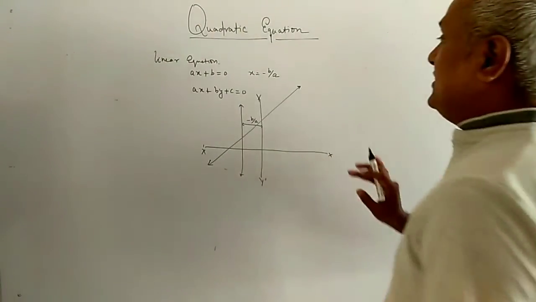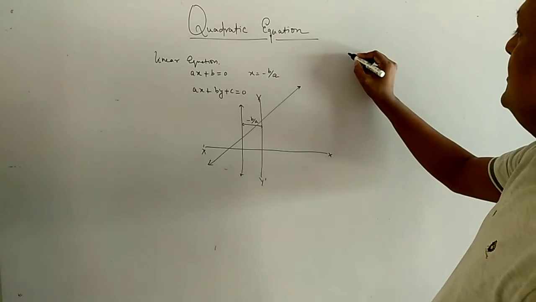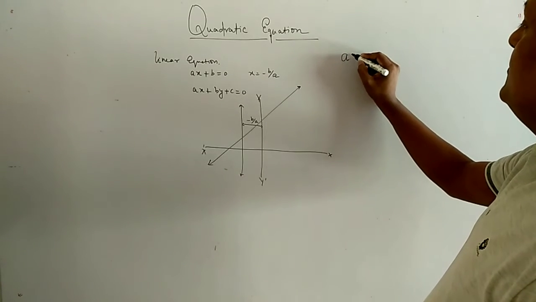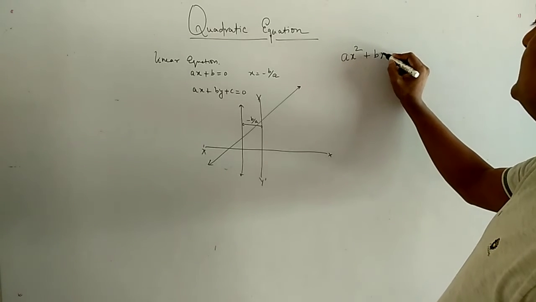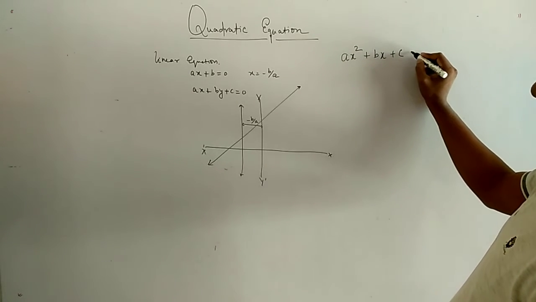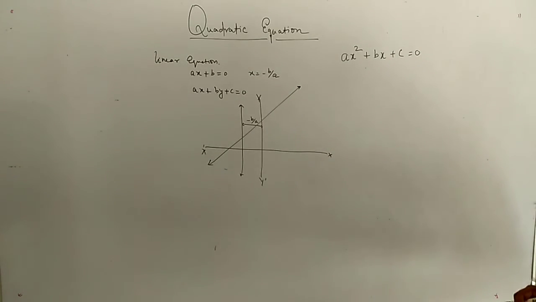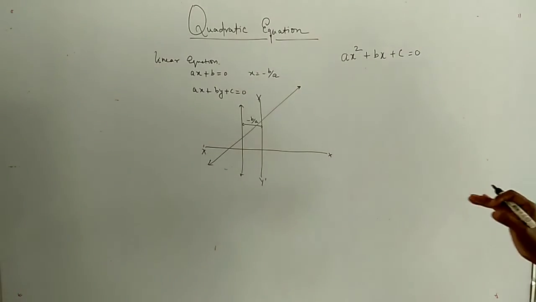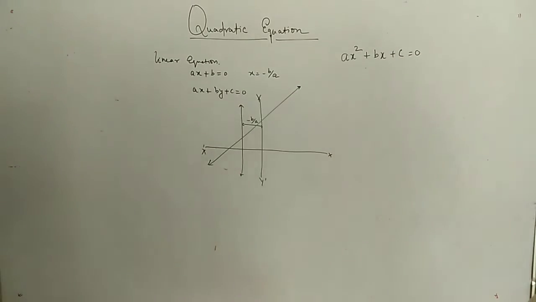We are dealing with the quadratic equation, which has the standard form ax square plus bx plus c equal to 0. This is also a polynomial of degree 2, and it is called a quadratic equation with one variable.